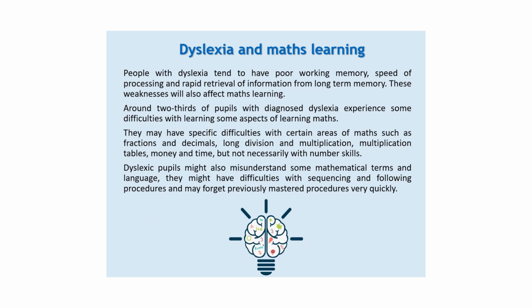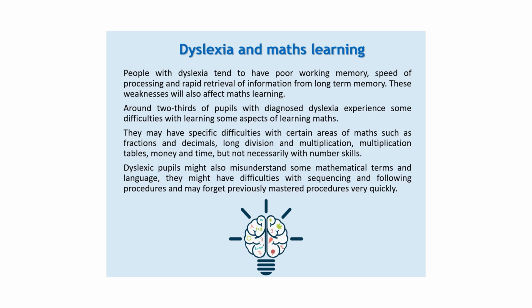Dyslexia and maths learning. People with dyslexia tend to have poor working memory, speed of processing, and rapid retrieval of information from long-term memory. These weaknesses will also affect maths learning. Around 2/3 of people with diagnosed dyslexia experience some difficulties with learning some aspects of maths.